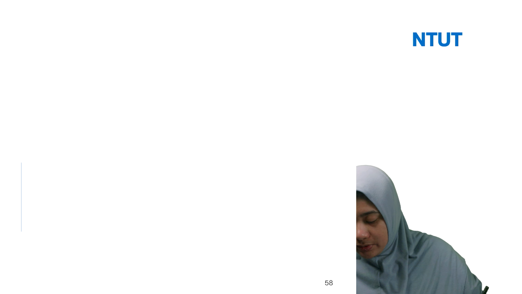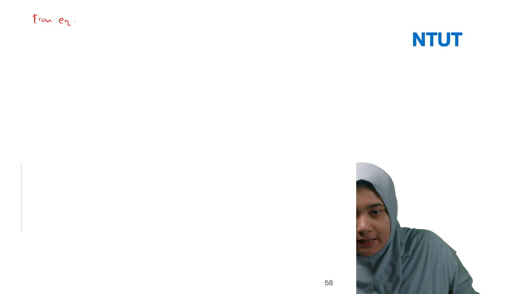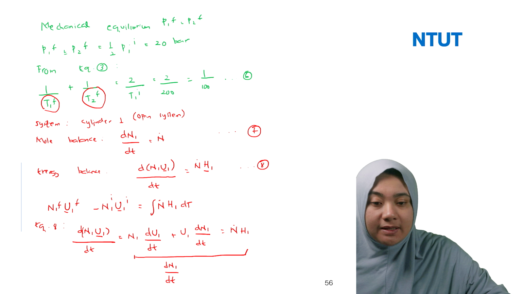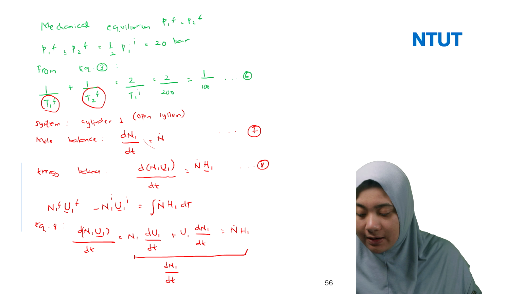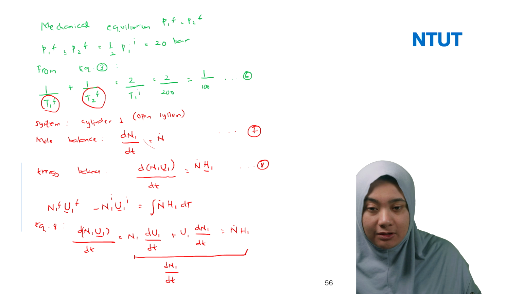Then we can solve another from equation 6. So like the previous, we have equation 6 from this one. Yeah, so we have 2 divided by 200 equal 1 divided by 100. So we have T1F, and then we can calculate for the T2F.